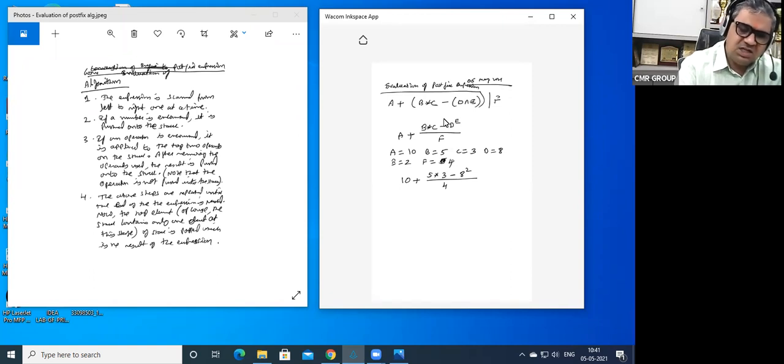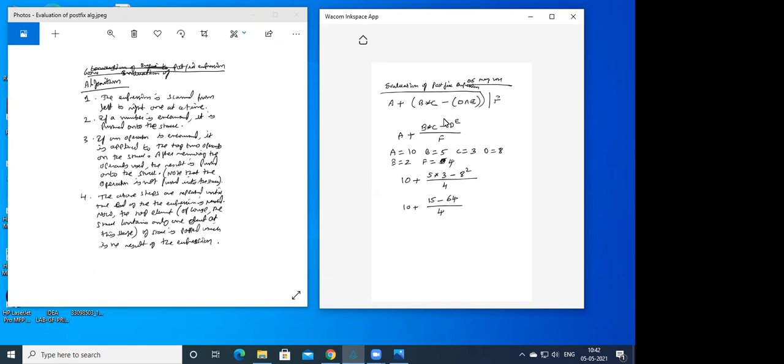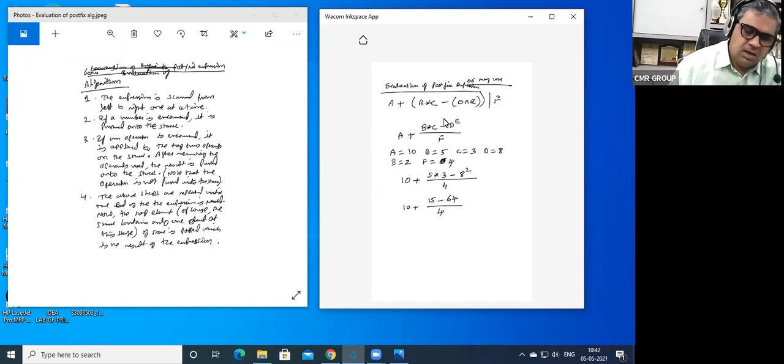What is going to be done first? 8 square, which is 64. 5 into 3 is 15, and 15 minus 64 is minus 49. So it is 10 plus minus 49 by 4.